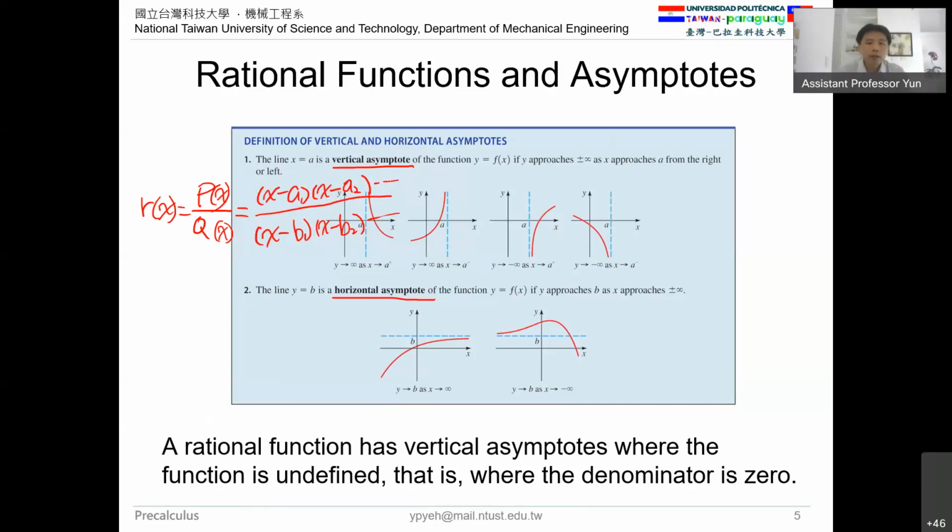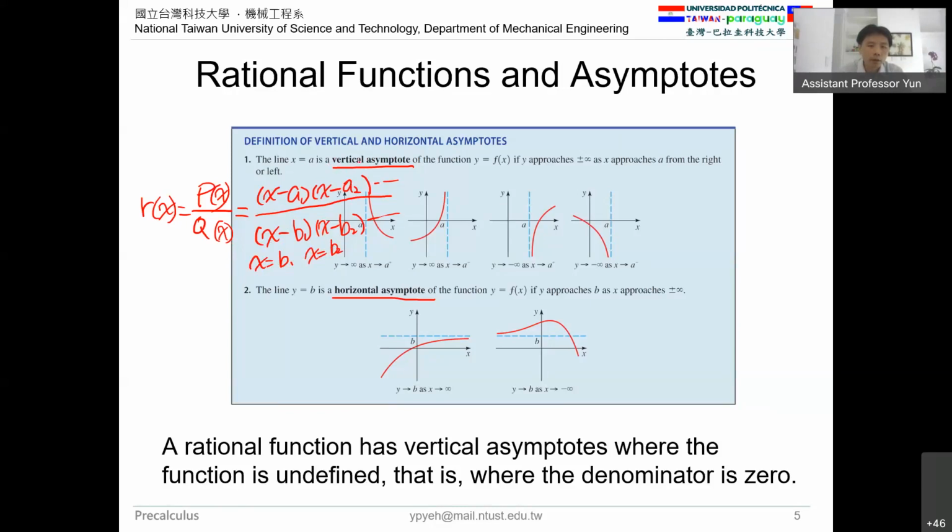So the vertical asymptotes happen when the denominator cannot be zero. In this case, when we would like to find the vertical asymptotes, x cannot be equal to b1 and x cannot be equal to b2, since when x is equal to b1 or b2, that will make the denominator become zero.